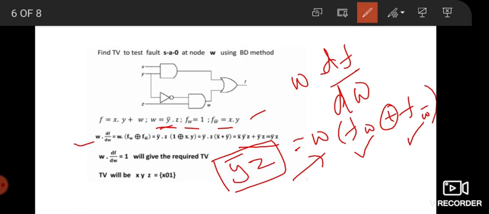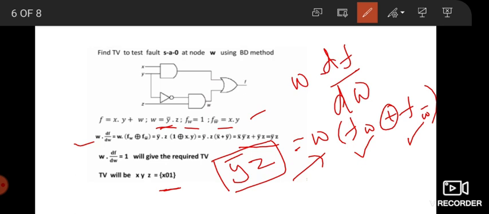This circuit has 3 inputs, but this term considers only 2 literals. The missing input is x. So when we write this vector we write all 3 input values, x, y, z. In this term x is not considered, so that value is written as x, an unknown value. y bar is written as 0, z is written as 1.